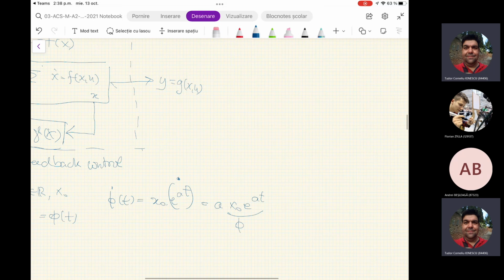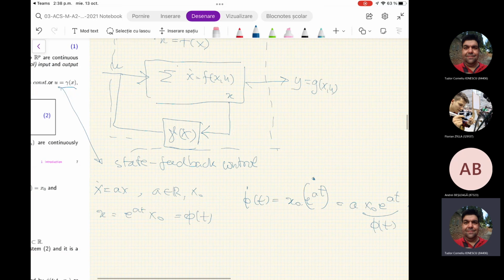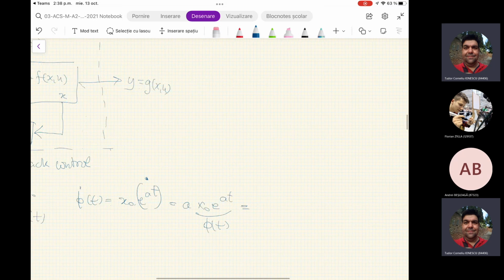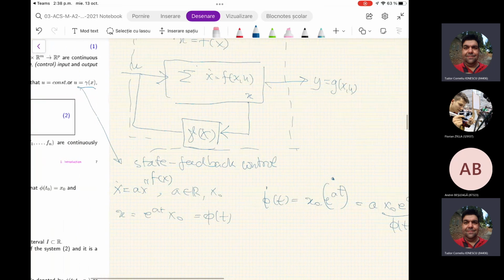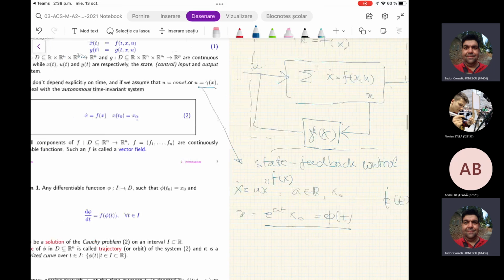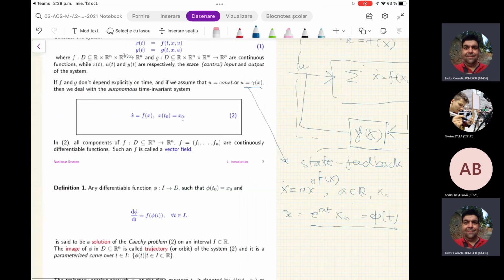But this is actually phi, so you can call this f. So indeed this is f of phi t. So this phi t, which is explicitly written like this, is the solution of the system.